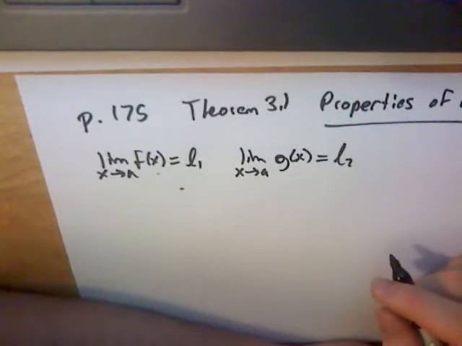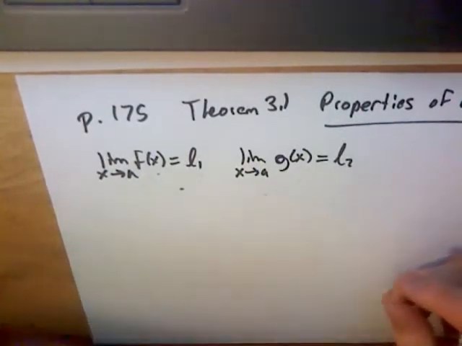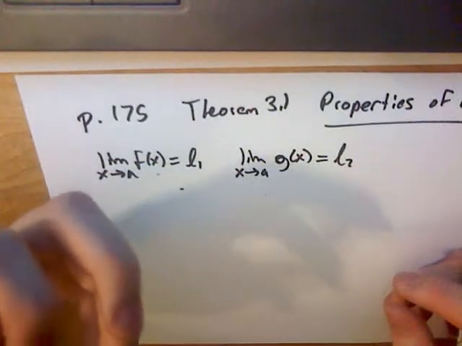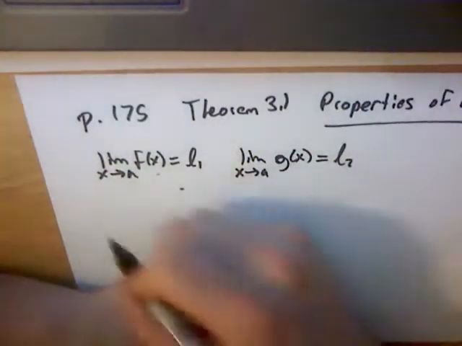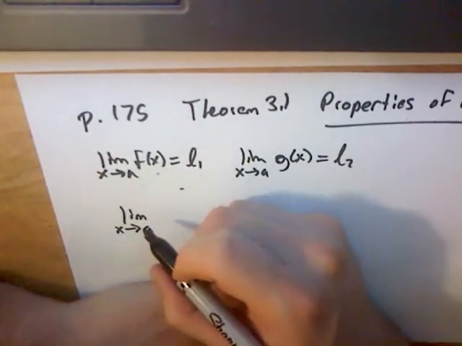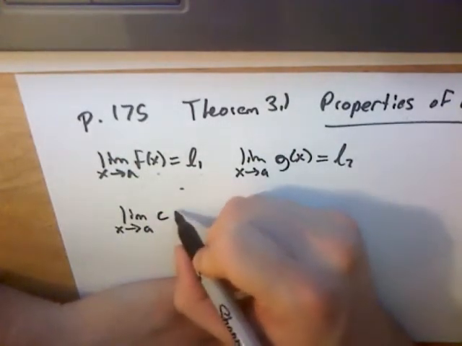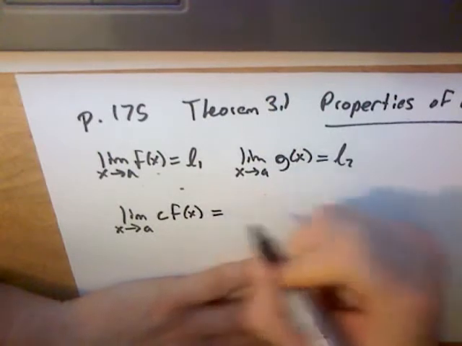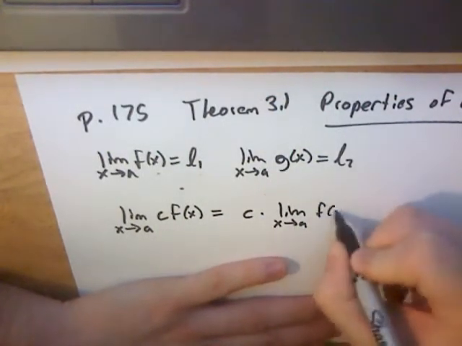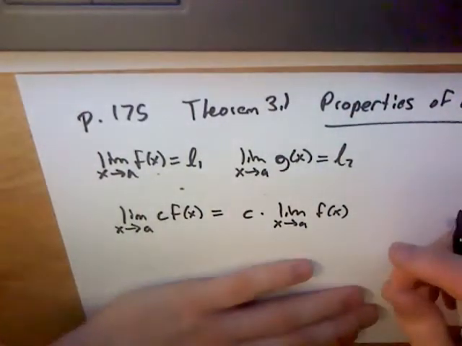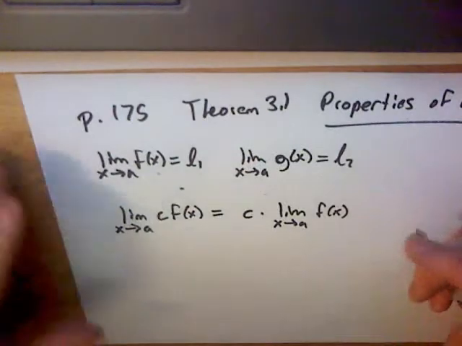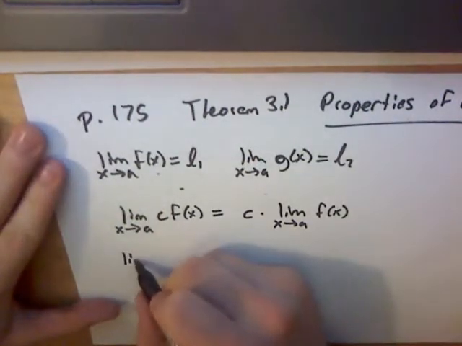And it's a good idea to go over them. The limit of the sums is the sum of the limits. The limit of the difference is the difference of the limits. One important one, limit as x approaches a, when c is some constant, c times f of x, is just c times the limit as x approaches a of f of x. That's the constant multiple rule for limits. And the most useful of all would be the product rule.